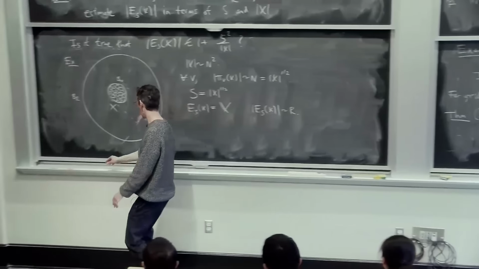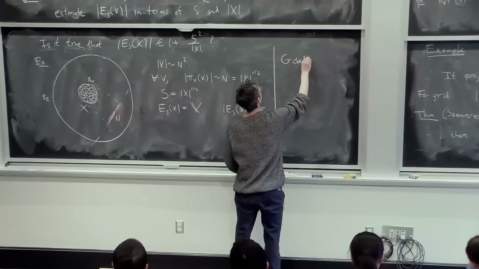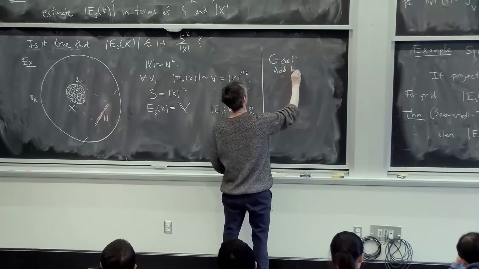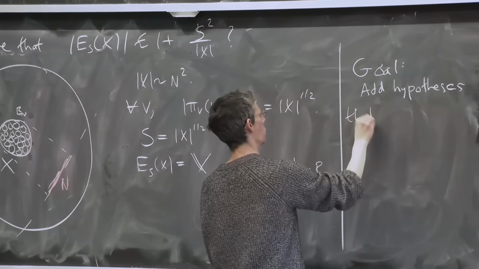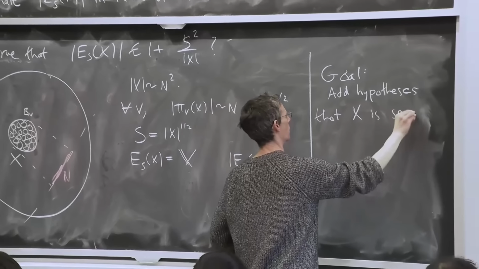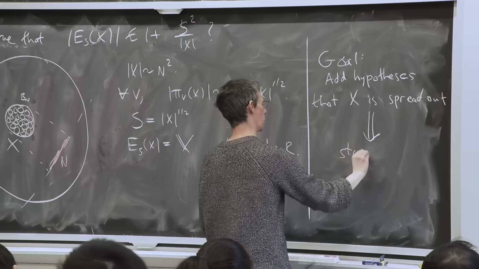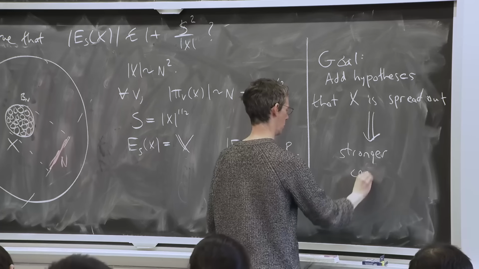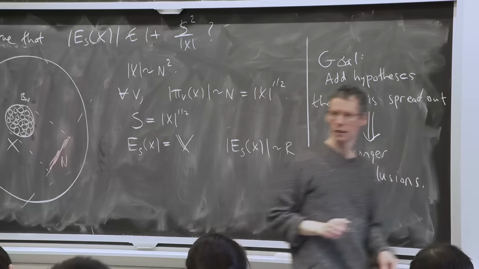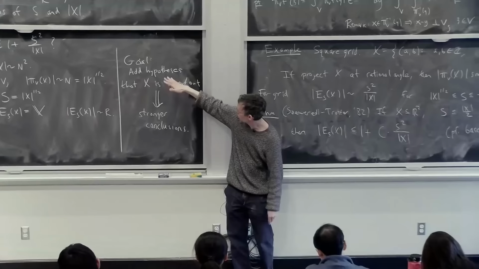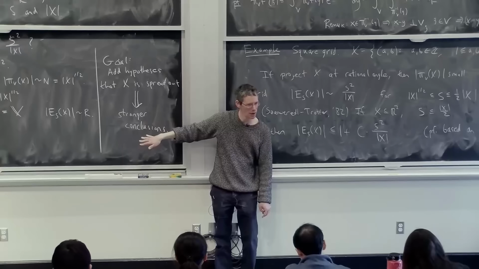So a goal of this part is to add hypotheses that the set of balls is spread out, and then get stronger conclusions. And probably next class, we will play around with how to state some precise hypotheses and what kind of conclusions we might expect.